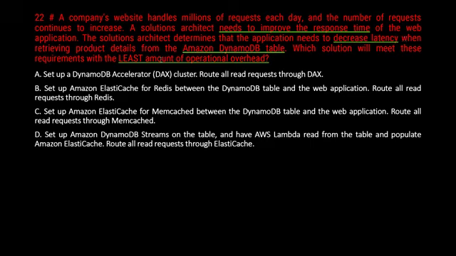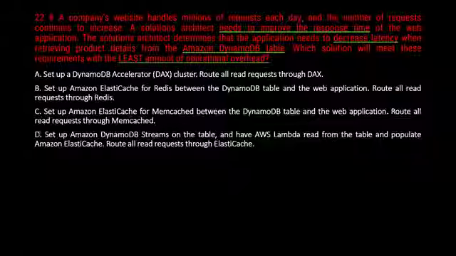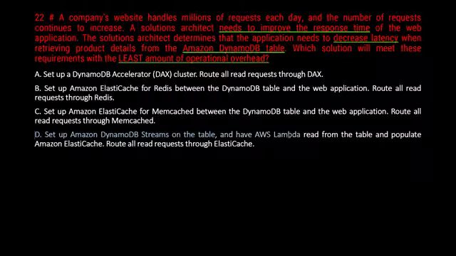Whenever they say something like decrease latency and least operational overhead, don't try to change your database to something else, or introduce some other database in between, because that will be considered operational overhead. Remember that. Alright, that being said, let's go through the options. So they are talking about setting up DynamoDB streams on the table and having AWS Lambda read from the table and populate.